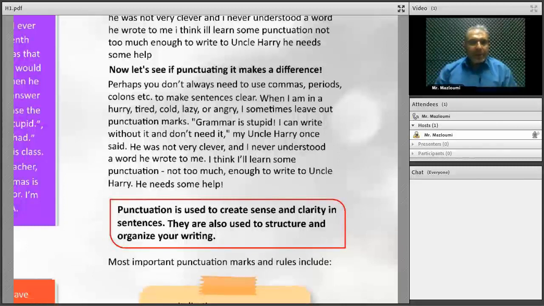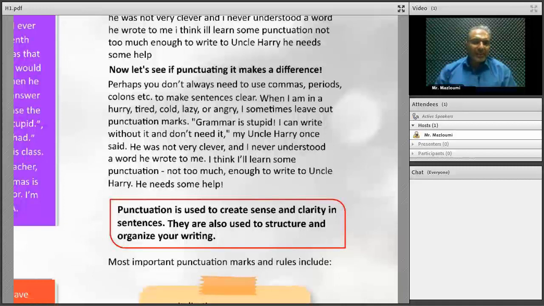Perhaps you don't always need to use commas, periods, colons, etc. to make sentences clear. When I'm in a hurry, tired, cold, lazy, or angry, I sometimes leave out punctuation marks.